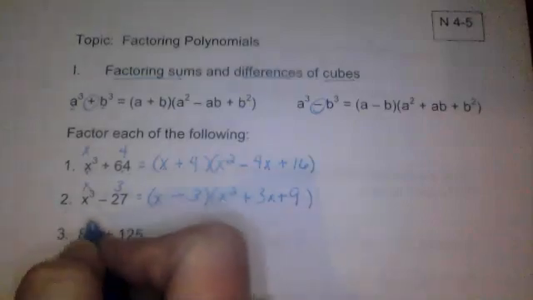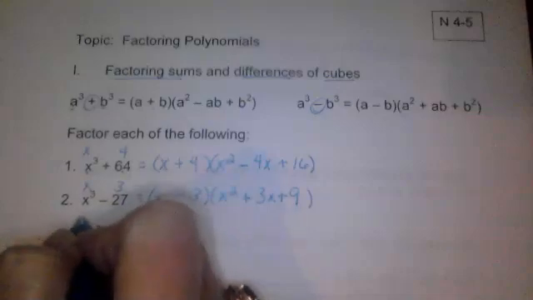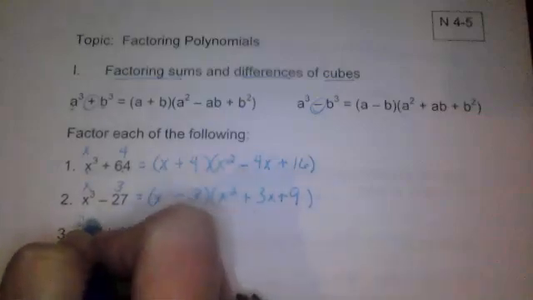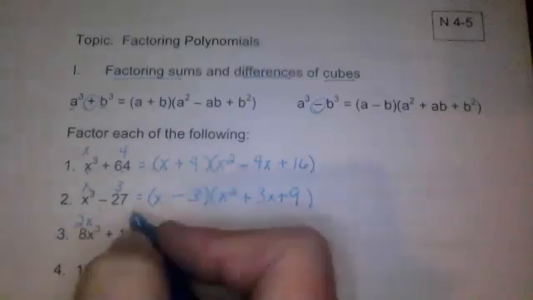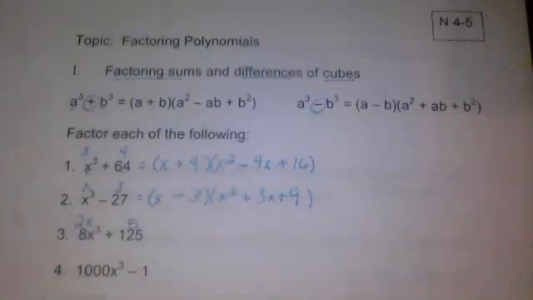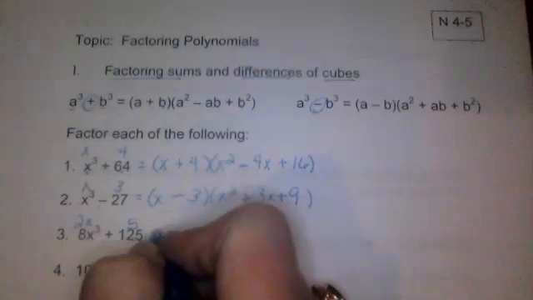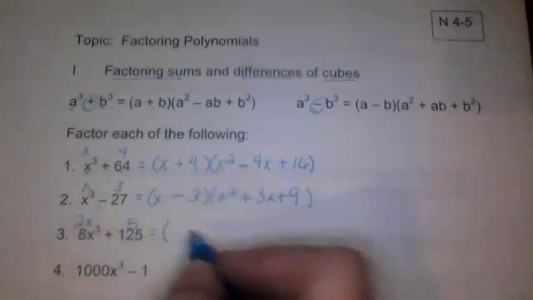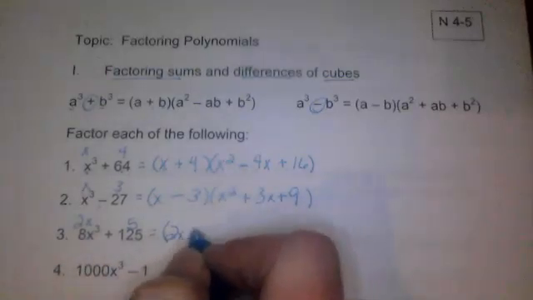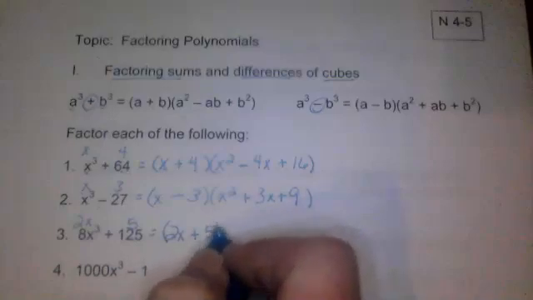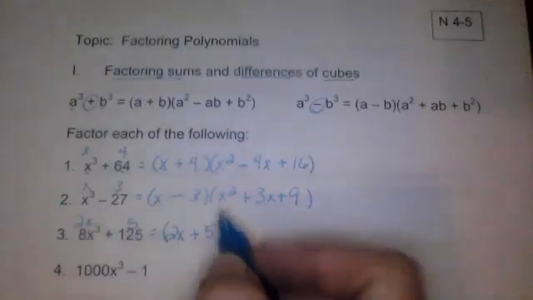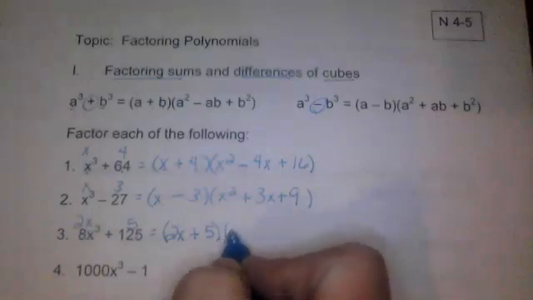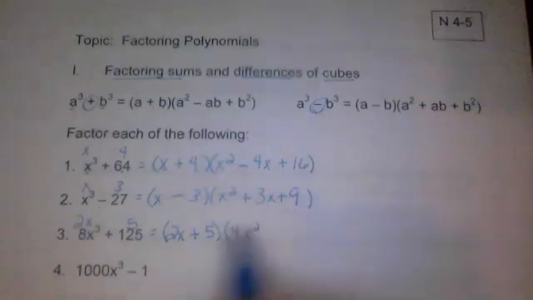All right, for the next example, 8 is 2 to the third power, and then we have x to the third power, so it's just 2x raised to the third power. 125 is 5 to the third power. This one is a sum, so it's going to be 2x plus 5, and then we square this, so 2x squared would be 4x squared.